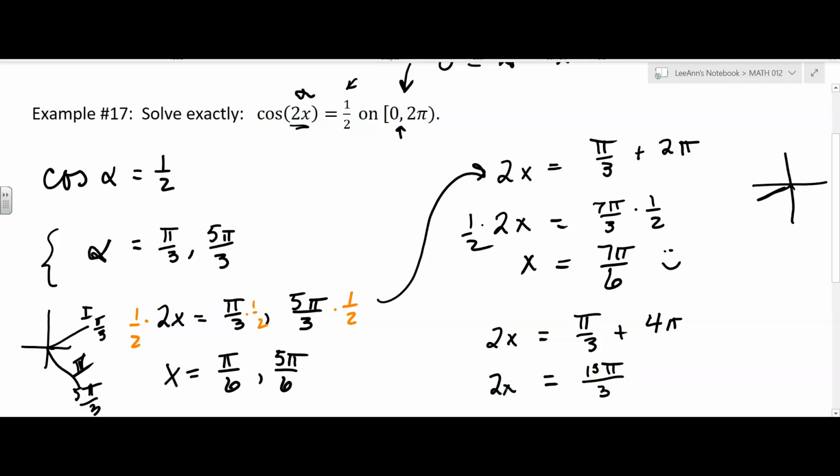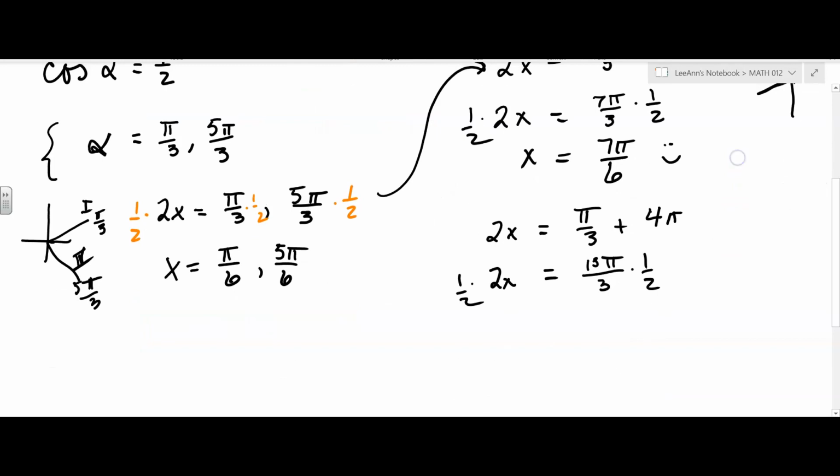So you're saying, okay, well this is all great, I'll multiply by 1/2. And I get x equals 13 pi over 6. But see, that's too big. 13 pi over 6 is more than 2 pi. So this one's not going to work because we're restricted between 0 and 2 pi.